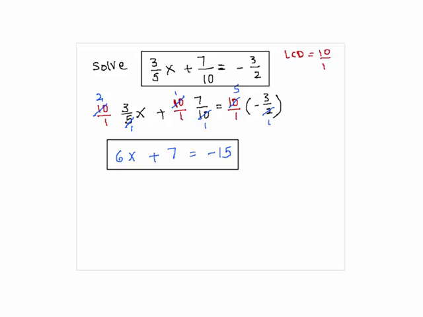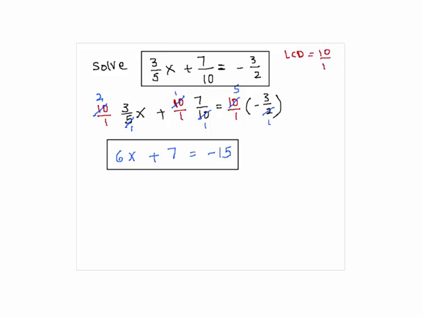Now, Hal says I prefer eliminating 3/5 x. Yes, you can do that. You can deal with the fraction throughout the equation, and you should get the same answer. Either way is fine. But again, it probably would be easier to eliminate the fraction like we did here.